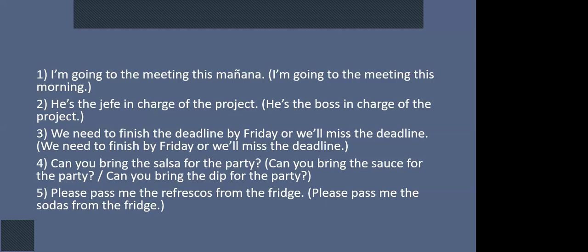Okay, so let's take a look at these over here. You see, I'm going to the meeting this mañana. They may speak like this. So here's the jefe in charge of the project. People may say these things. And this is flowing, and saying other things as well. We need to finish the deadline by Friday or we'll miss the deadline. Okay. Can you bring the salsa for the party? Well, please pass me the refrescos from the fridge. People speak like this sometimes.